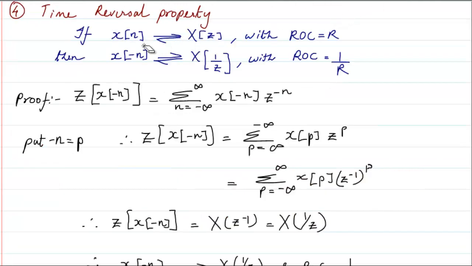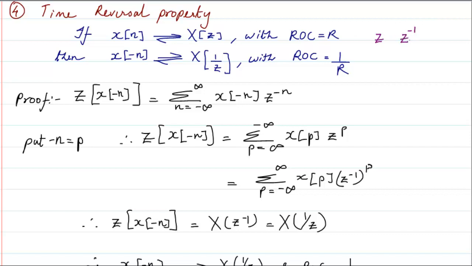Next is the time reversal property, which says that if you have a function x of n whose z transform is X of z with an ROC of R, then I can find x of minus n, that means n is just becoming minus n. All you do for that is, instead of z, substitute 1 by z, that means substitute z with z inverse.